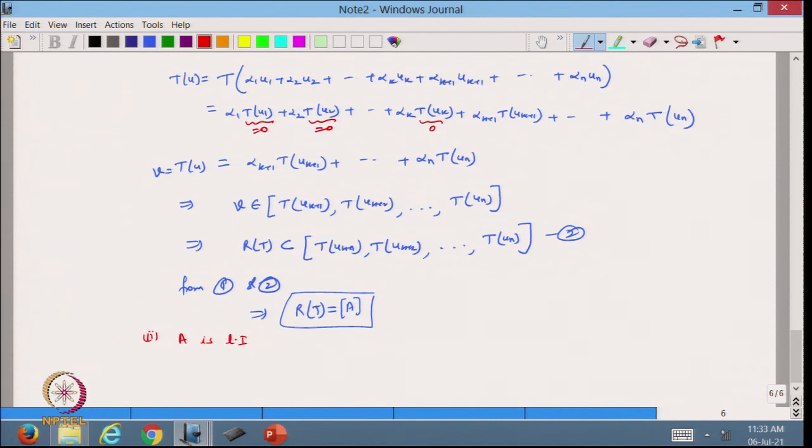For this, let me take a linear combination: alpha_{k+1} T(u_{k+1}) plus alpha_{k+2} T(u_{k+2}) up to alpha_n T(u_n), that is equal to 0. So this linear combination I take and put equal to 0.